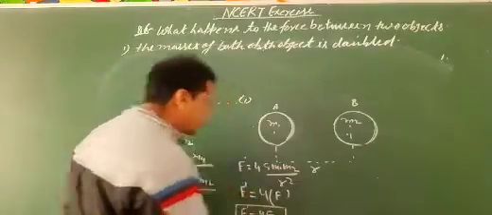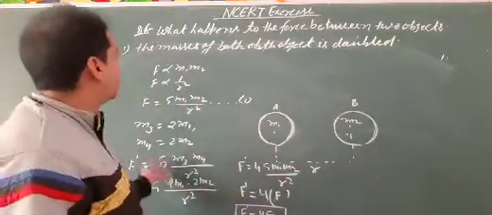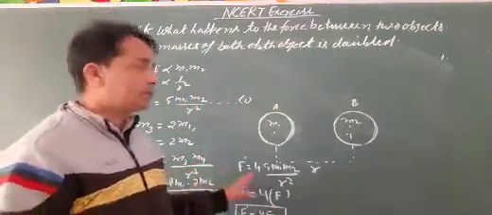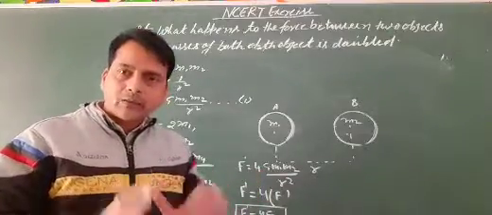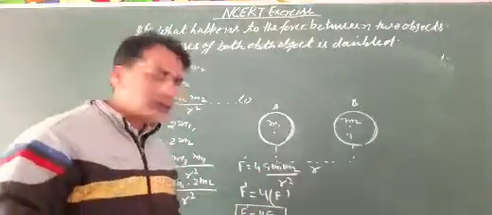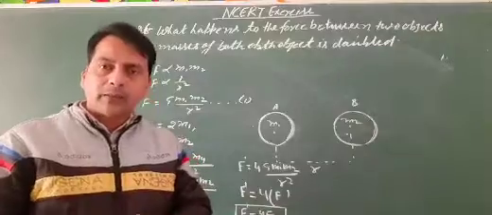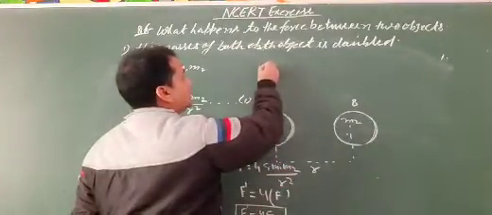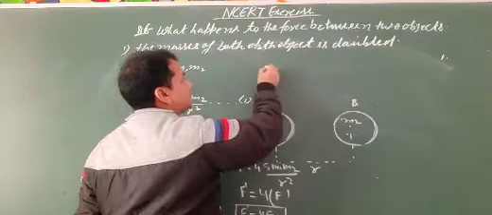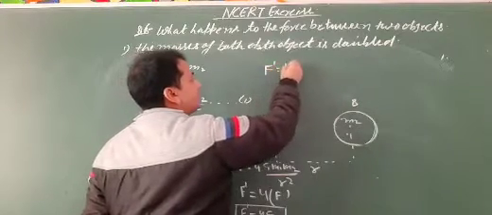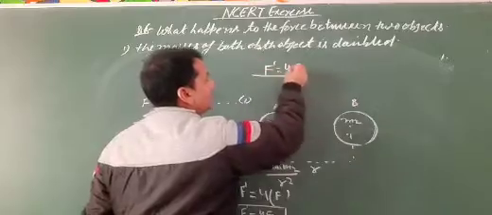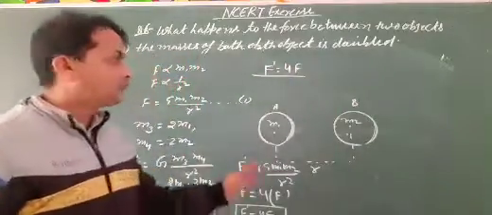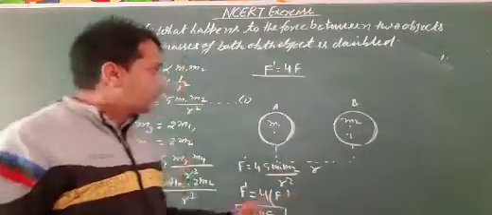So it is clear that if the mass of both objects is doubled, then the new gravitational force is 4 times the original gravitational force. So F dash, the new gravitational force, equals 4 times the original gravitational force, that is 4F.